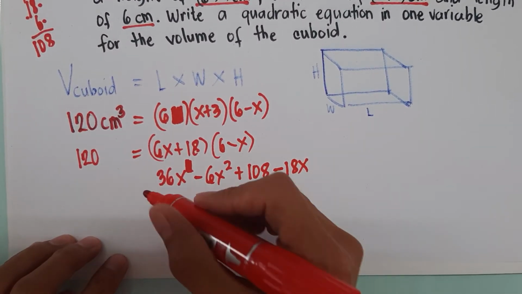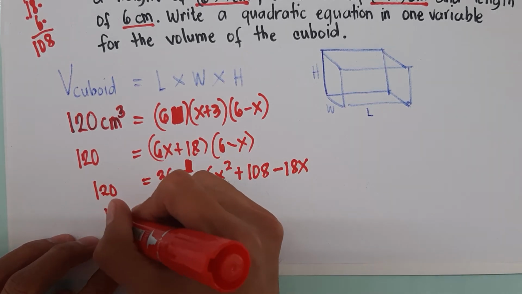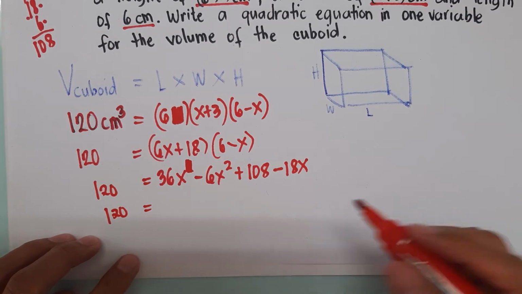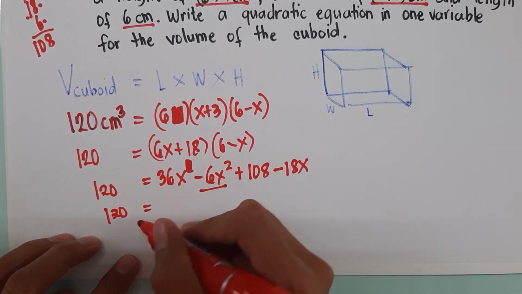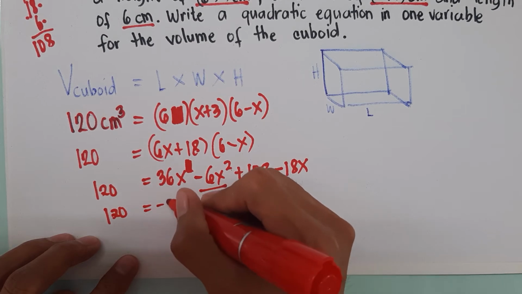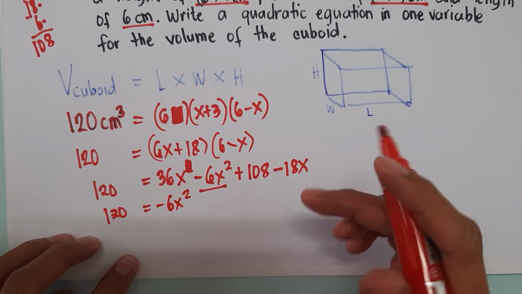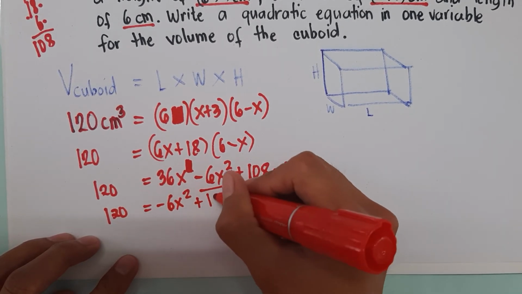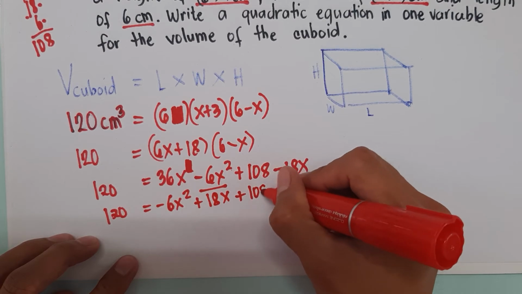Continuing on, so we have 120 equals, let's have the highest exponent first in descending order, so negative 6x squared. Then 36x minus 18x is plus 18x plus 108.